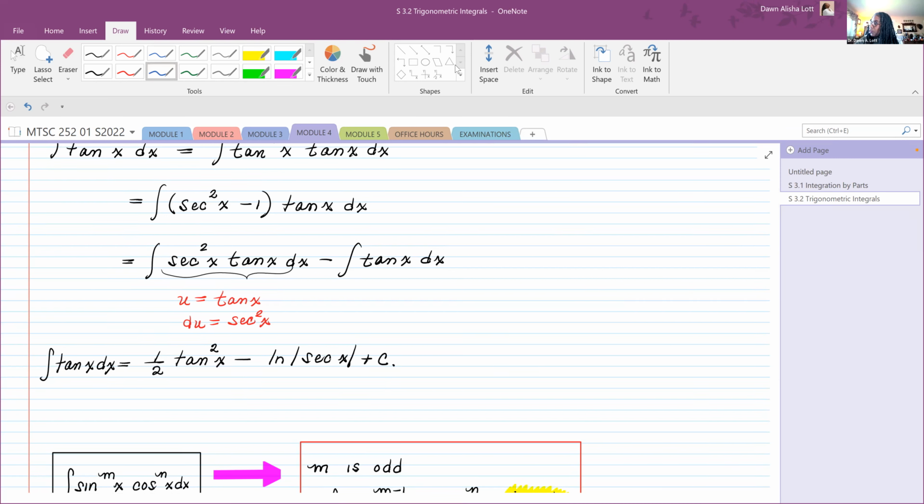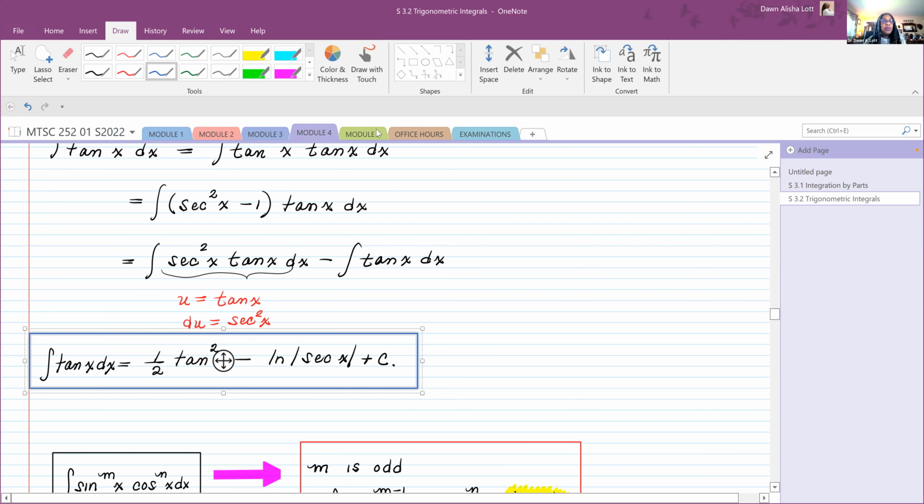The way to do these is to practice. I cannot give you a magic formula for what's going to work on these problems. You're going to have to practice. The last group are the most difficult, and that is secant to an odd power.